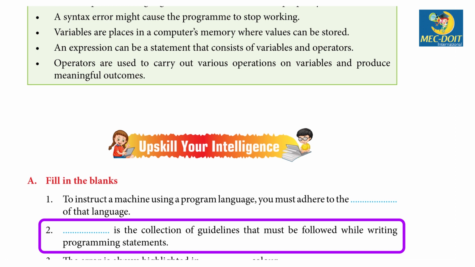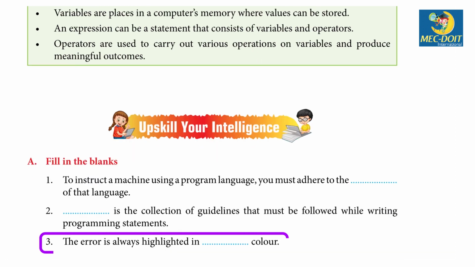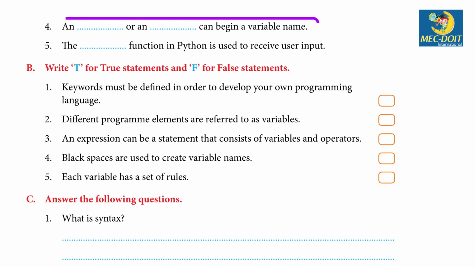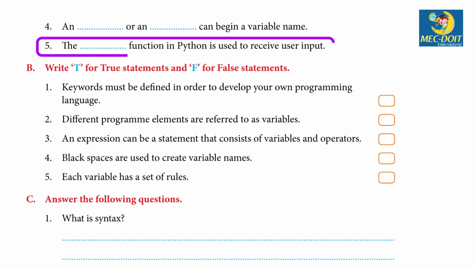Answer: syntax. 3. The error is always highlighted in dash color. Answer: red. 4. A dash or an dash can begin a variable name. Answer: underscore and alphabet. 5. The dash function in Python is used to receive user input.